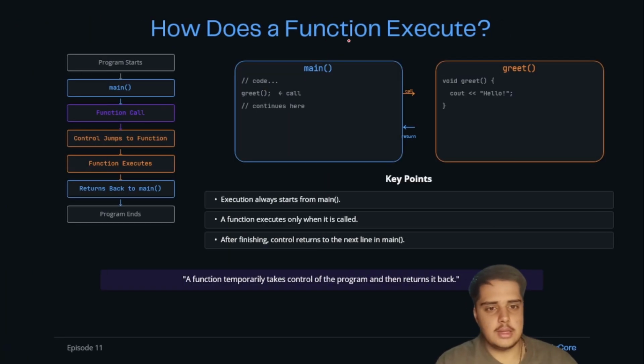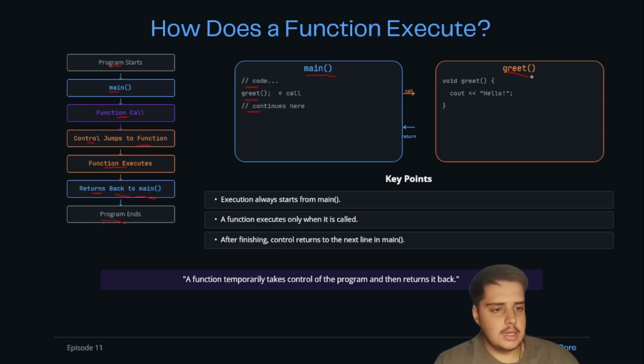Coming next, how does a function execute? The program starts, main is called, control jumps to the function, the function executes and returns back to main, and the program ends. So in main, the code is here, the greet function is called and it continues.